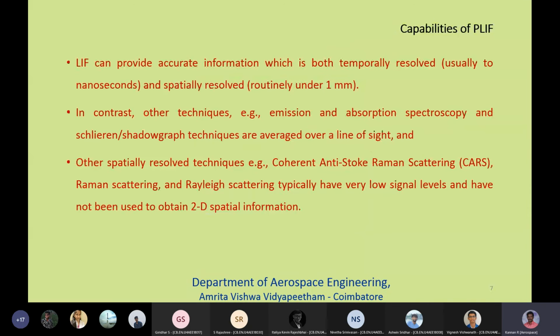The capability of PLIF is that you can resolve the information in both temporal resolution, in terms of nanoseconds, and spatial resolution. But the other techniques, emission as well as absorption spectroscopy, and Schlieren and Shadowgraph techniques, are basically averaged over a line of sight.